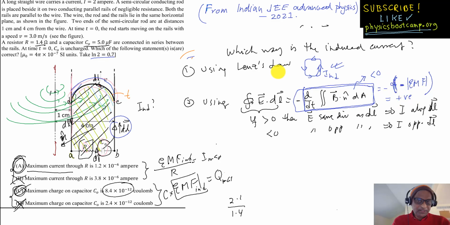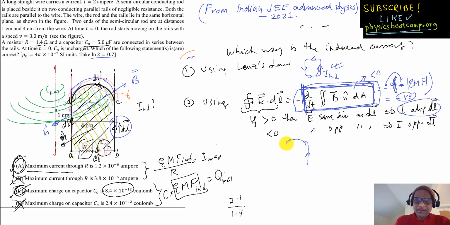You can go back and redo this calculation and you will find that it is positive. We're using this because n hat was in that direction and the B was in the opposite direction, and it was increasing, so this integral of d dt was negative, and a negative times negative makes it positive, so this is positive, so I is along dl, which is along this, so this also says it's this way.